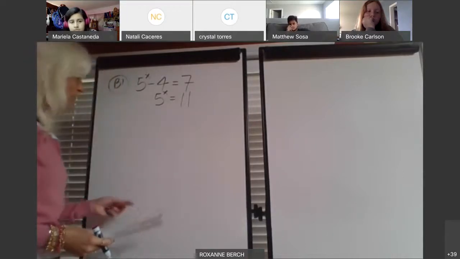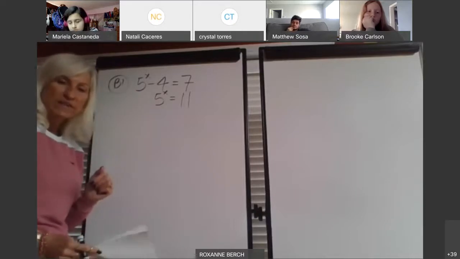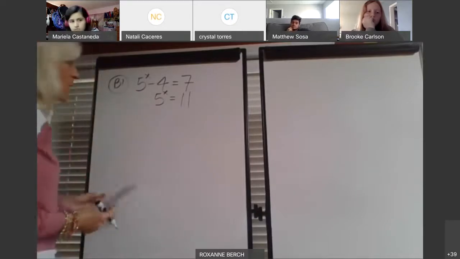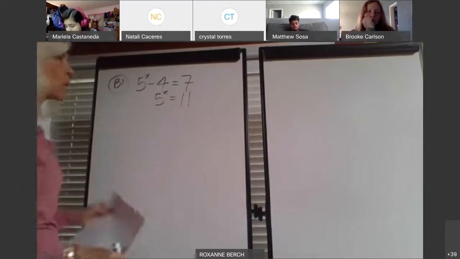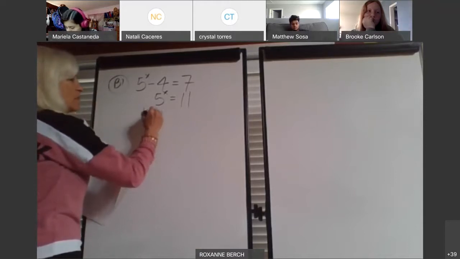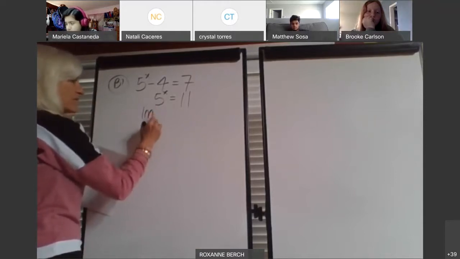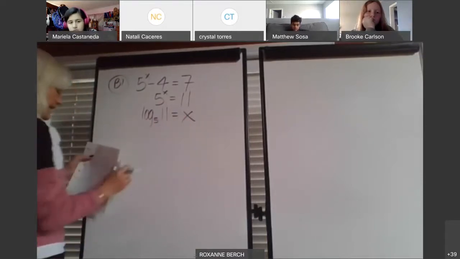So we want to get the x down from there in this method 1 by using the definition of a logarithm. So how do you write exponential form and logarithmic form? This would be not natural log now. This is log base 5 of 11 equals x.